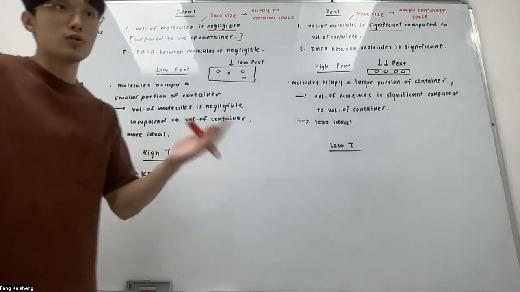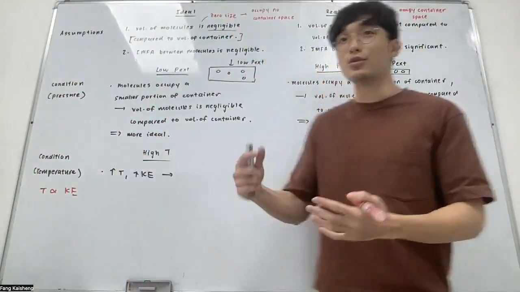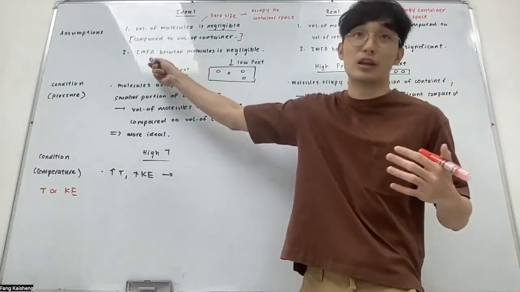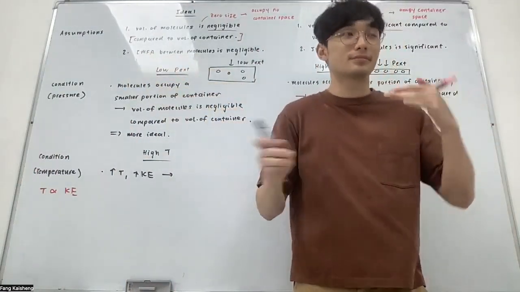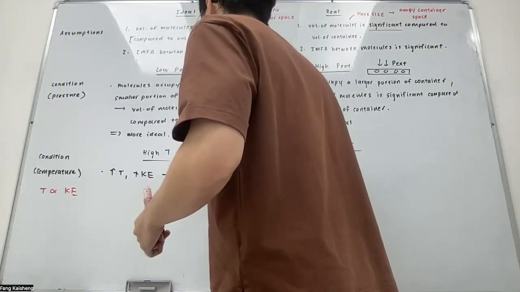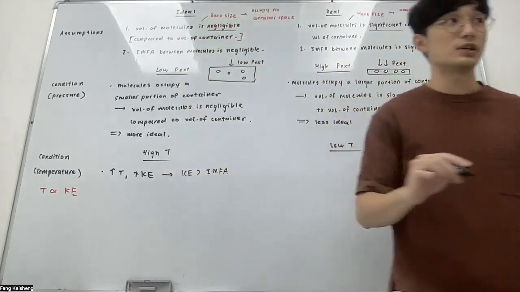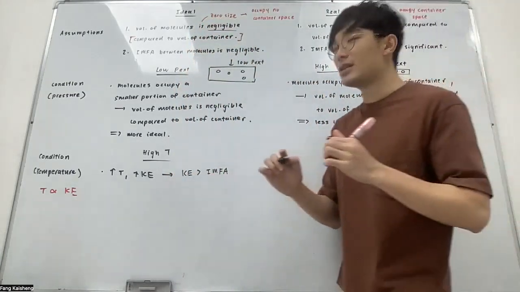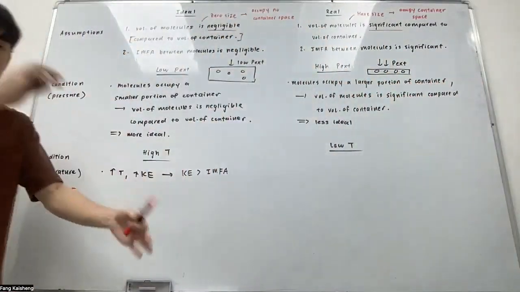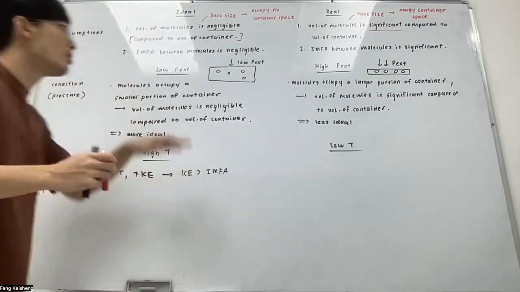If your molecules are moving all over the place very quickly, very chaotically, do you think they have time to form intermolecular forces with each other? No, they cannot. In other words, your kinetic energy is a lot more significant than the intermolecular forces. Just imagine them moving so chaotically, they have no time to form intermolecular forces.